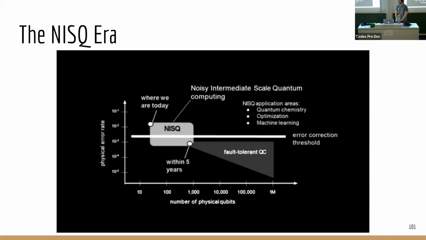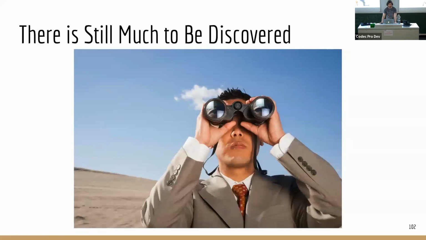Given the amount of time and money and very, very smart people who are dedicating themselves to these problems, I am cautiously optimistic that something like this could be the reality soon. I hope that you've enjoyed this presentation and you get the sense that there's still quite a lot to be discovered and figured out about quantum computing.